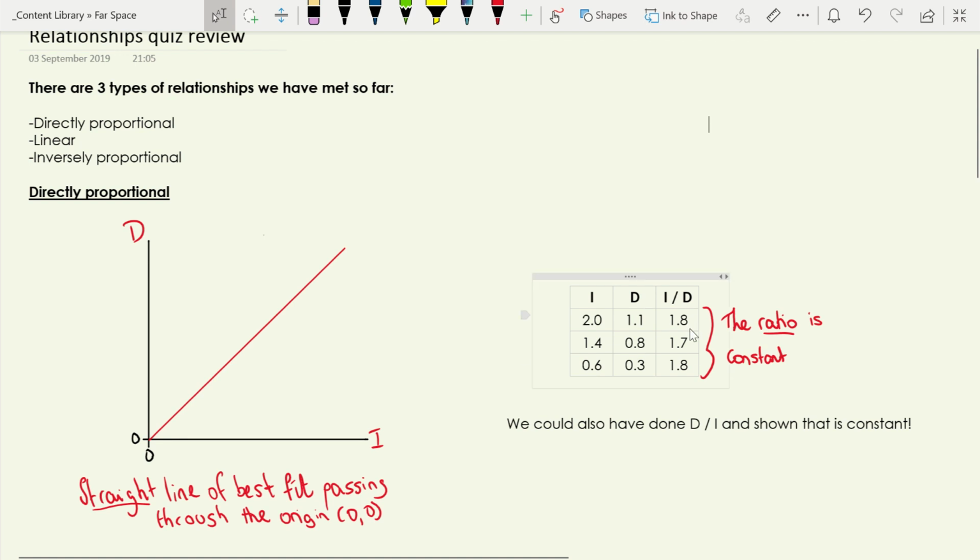So if your ratio is constant, and when we say constant, we mean constant within experimental uncertainty, we are seeing a directly proportional relationship. Now, as it says here, we could have done dependent divided by independent and shown that's constant. That is fine. So let's just add in that one little bit, actually.